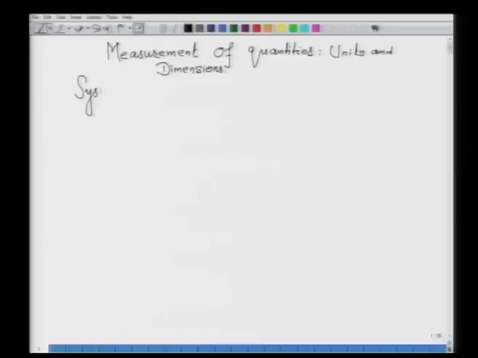Essentially, there are three methods, or so to call, 4 methods, to express the unit of any physical quantity.